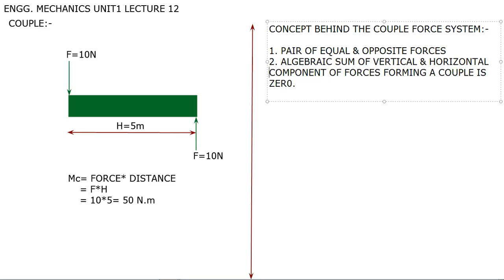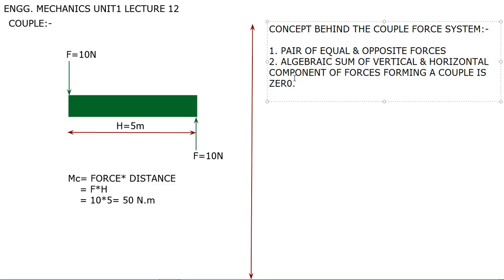The two forces are not imbalanced. They are balancing each other, and that's why they rotate in an equal manner. Both forces have the same magnitude at the same distance from the center. So therefore, the algebraic sum of the vertical and horizontal components of the forces forming a couple is 0.